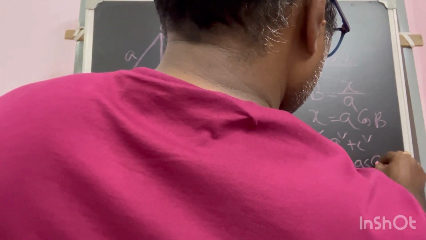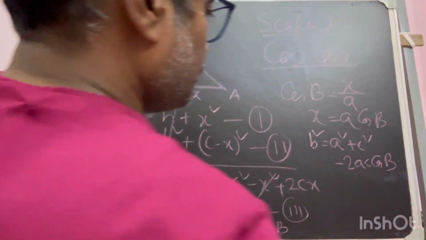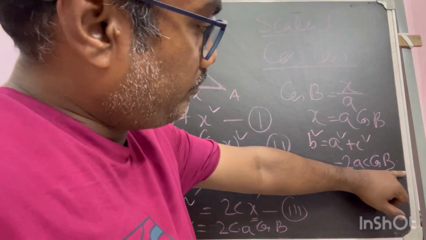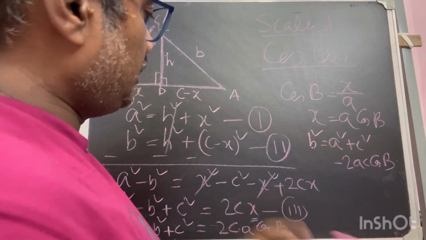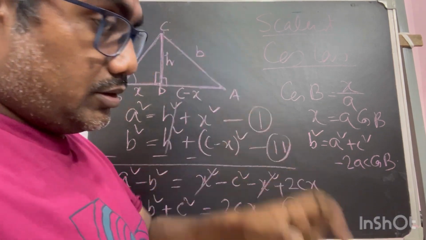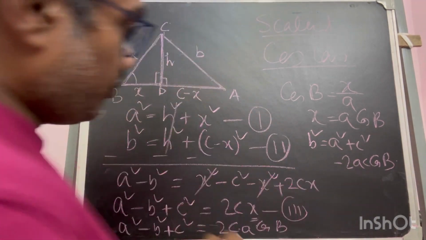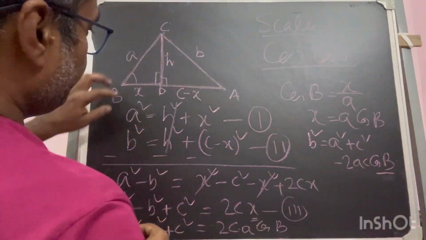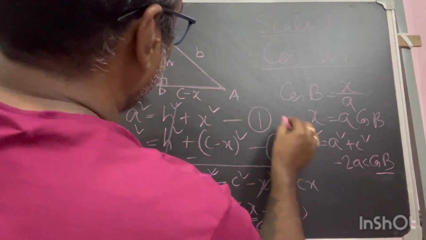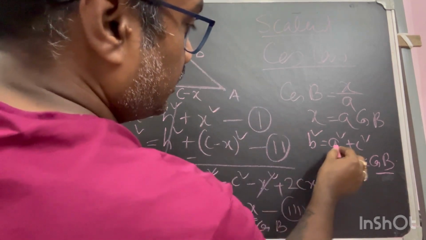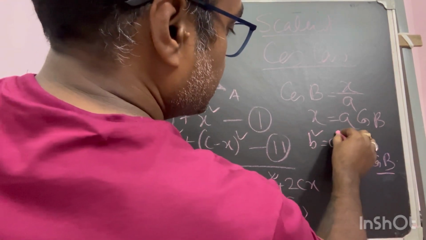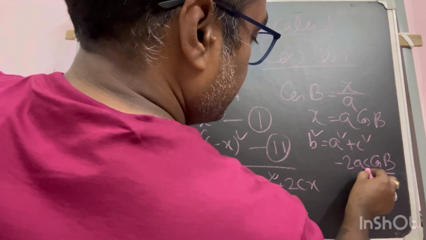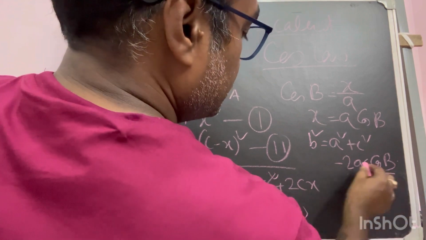2ac cos of b. Now why I have written like that: I want to put it in a manner that will give a common kind of representation. That means if I take angle b, the side b will come on the other side, and the other two sides will come as squares on one side, and the combination of AC will come along with the b angle.